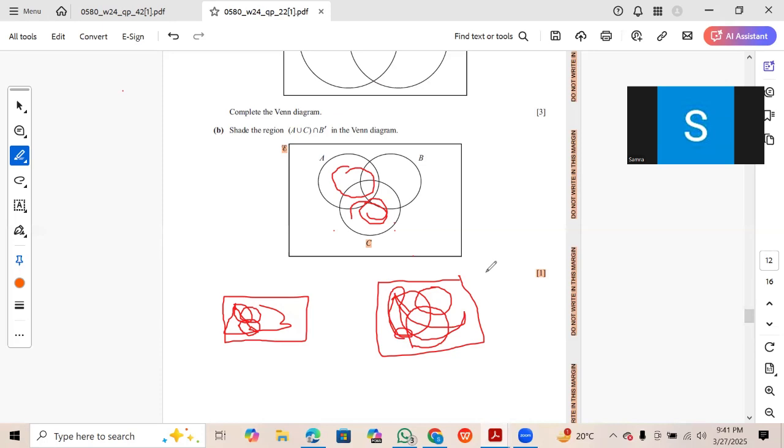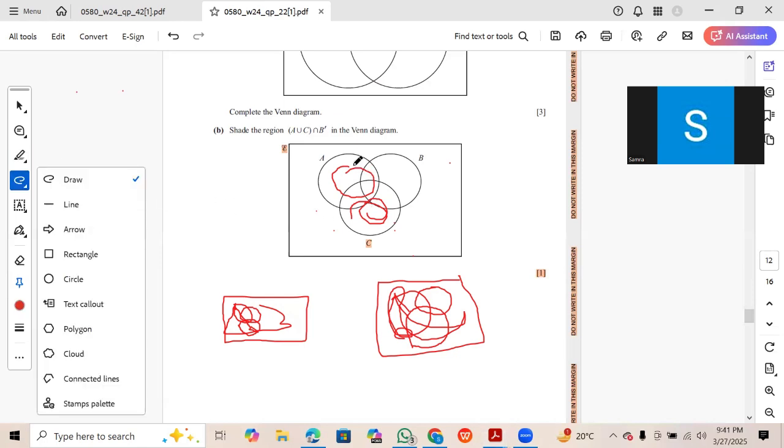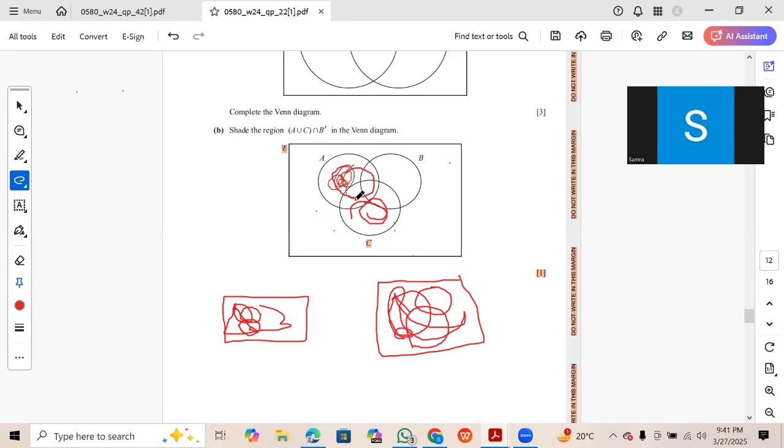In A union C intersection B determinant, for B determinant we will consider this portion and also this whole portion except this B. Except this B. So the intersection will be, I think, this portion. This is again the same.